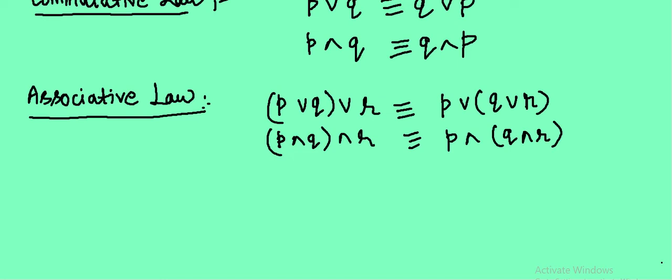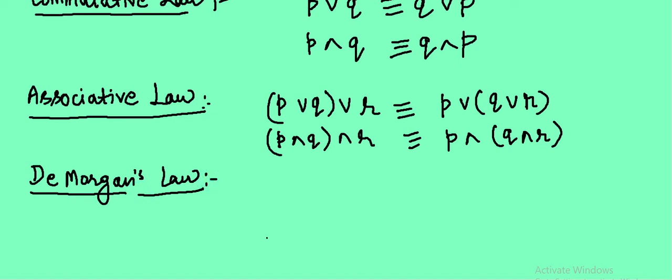Now we have De Morgan's Law, or we also know it as De Morgan's theorem, right? De Morgan's Law is again a very important law when we solve these equivalences or this type of propositions to prove or disprove a statement.